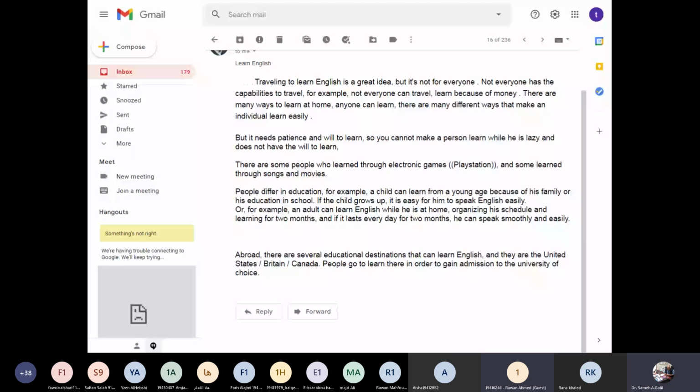You tell me your choice, and then try to defend and justify your choice. Because she's saying in the first paragraph that there are many ways, and that not a lot of people have the capability to travel.